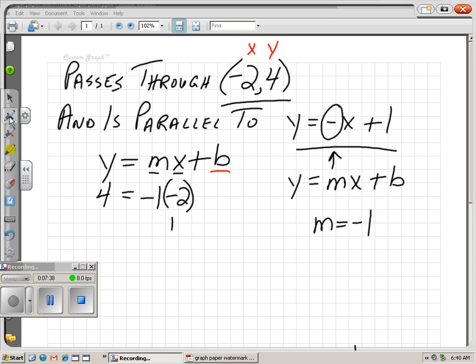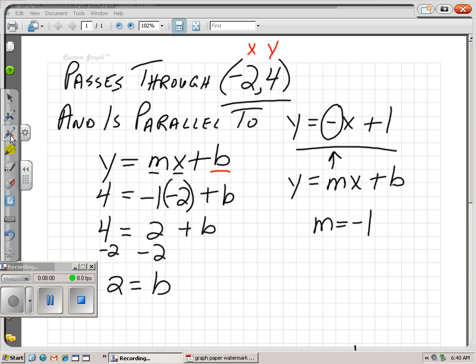It separates the negative, kind of organizes the expression, and it shows multiplication. So always, always, always use parentheses when you take out that x. And then plus b, and now let's do the math. So 4 equals +2 plus b, minus 2 from both sides, and 2 equals b.